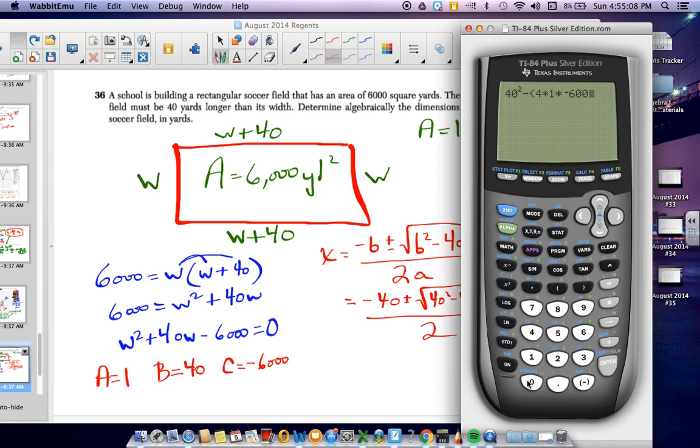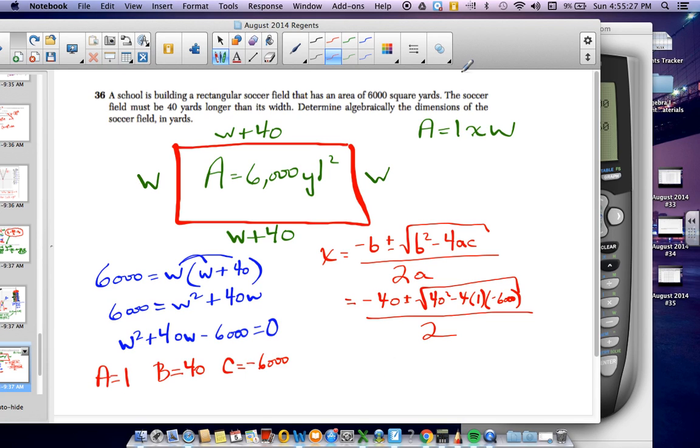So we're minusing this entire thing. So my discriminant is going to be 25,600, and I'm going to take the square root of it in the next step, so I might as well figure what that is now. 25,600 is a perfect square. It is 160. So that messy radical ends up working out to 160.